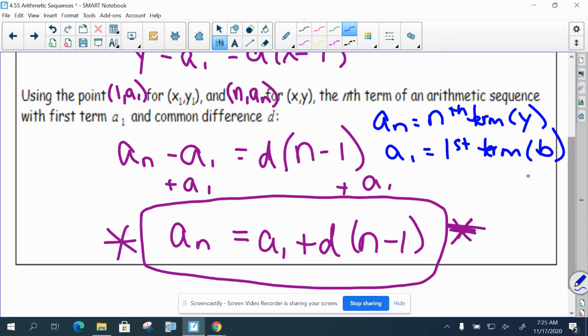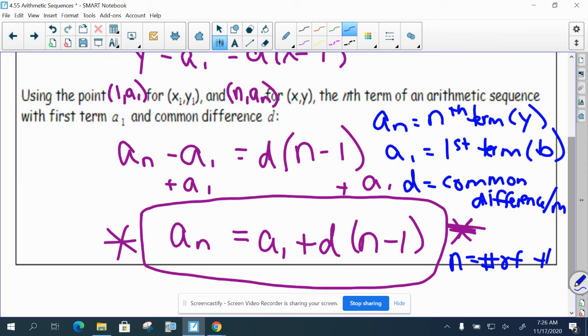D is your common difference, or your slope. And then n is the number of the nth term, which is kind of like your x. So make sure you write all of this down, the equation and what everything stands for.